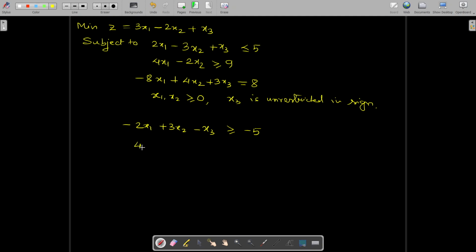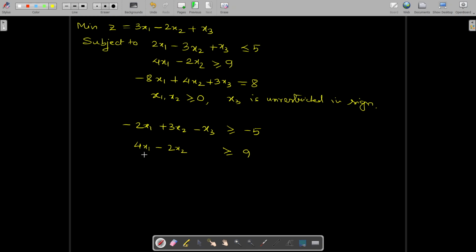I'll just write it once for demonstration. It's always a very good habit to write the coefficient of x1 just under the coefficient of x1 here, so that we don't make mistakes while converting.